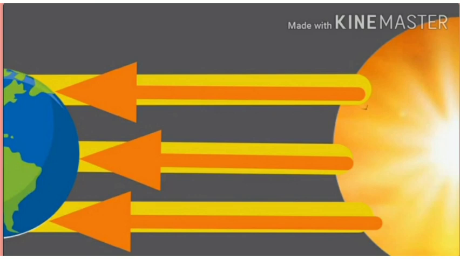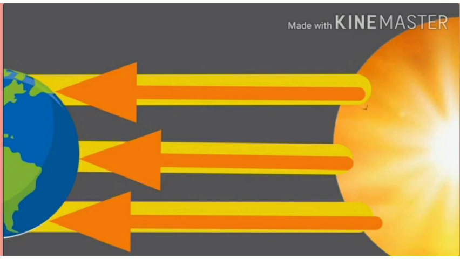So, with the help of this diagram, we will understand the distribution of sun rays on the earth. Let's relate this diagram to the shape of the earth. Sun rays coming towards the earth travel in straight lines. However, as the earth is spherical in shape, these are not perpendicular to all the parts of the earth's surface.